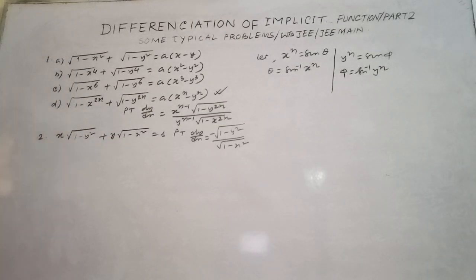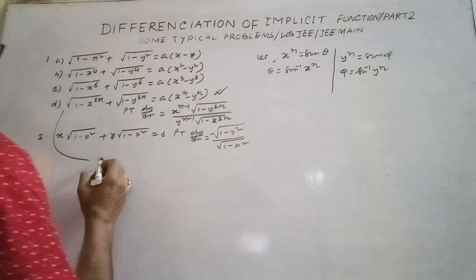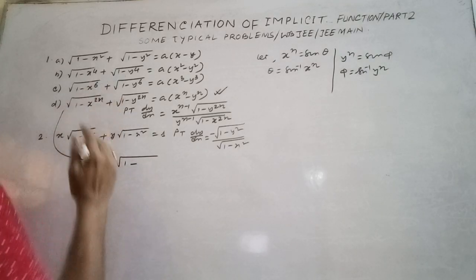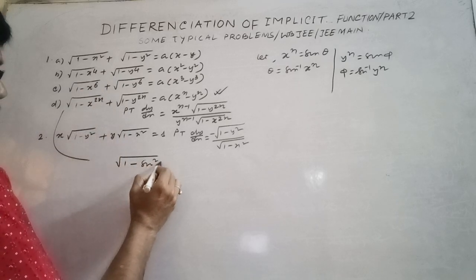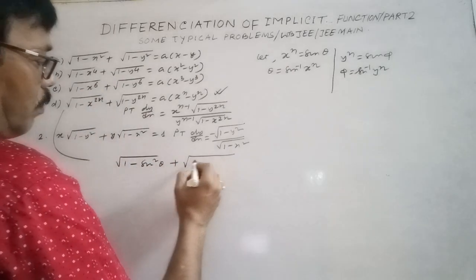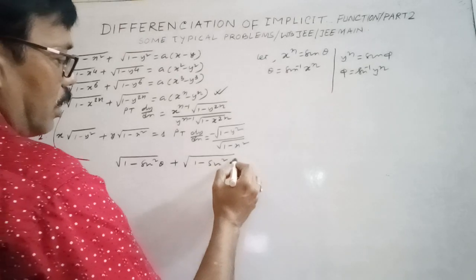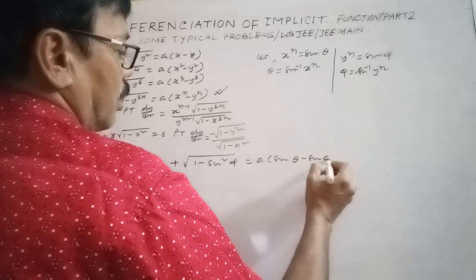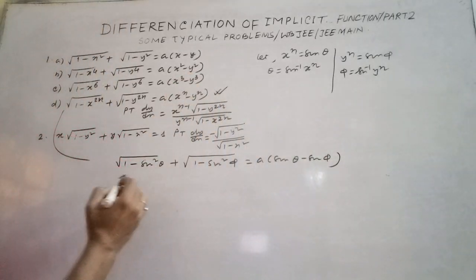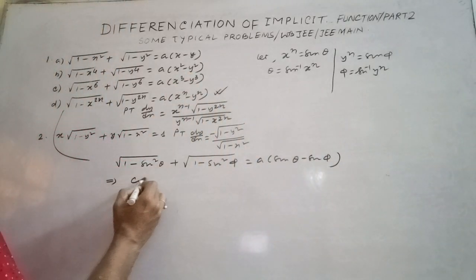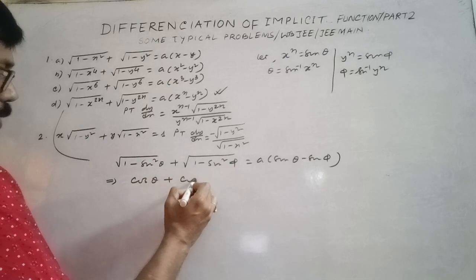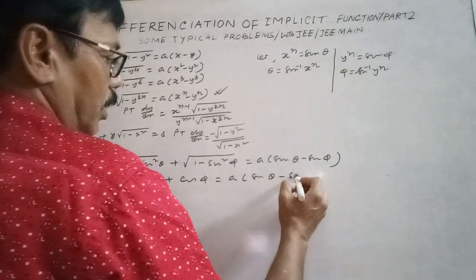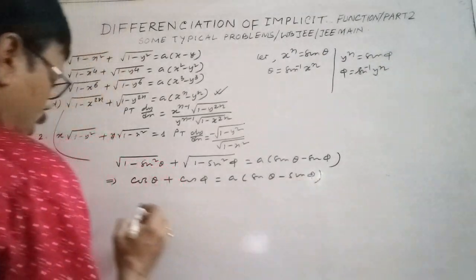Now put the values in D. So putting the values, what we are getting: root over (1 minus x to the power n whole square), so sine square theta, plus root over (1 minus sine square phi), equals a into (sine theta minus sine phi). This is sine theta, this is sine phi. So cos theta plus cos phi equals a into (sine theta minus sine phi).